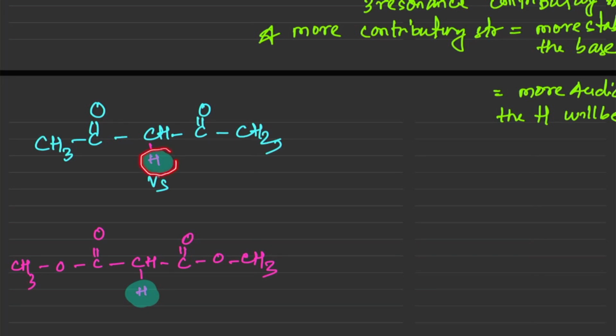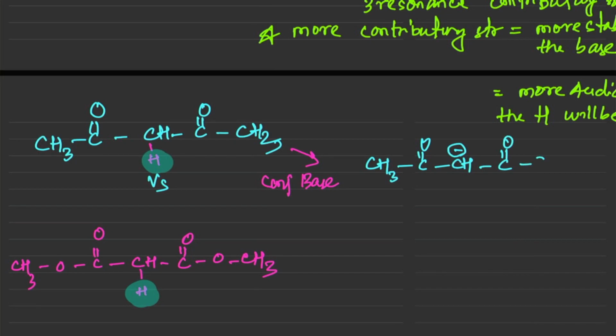Once the alpha hydrogen is gone, I'm going to draw the conjugate base here: CH3COCH(minus)COCH3. Notice this negative charge can be delocalized to the left side and to the right side. Okay, that makes sense.